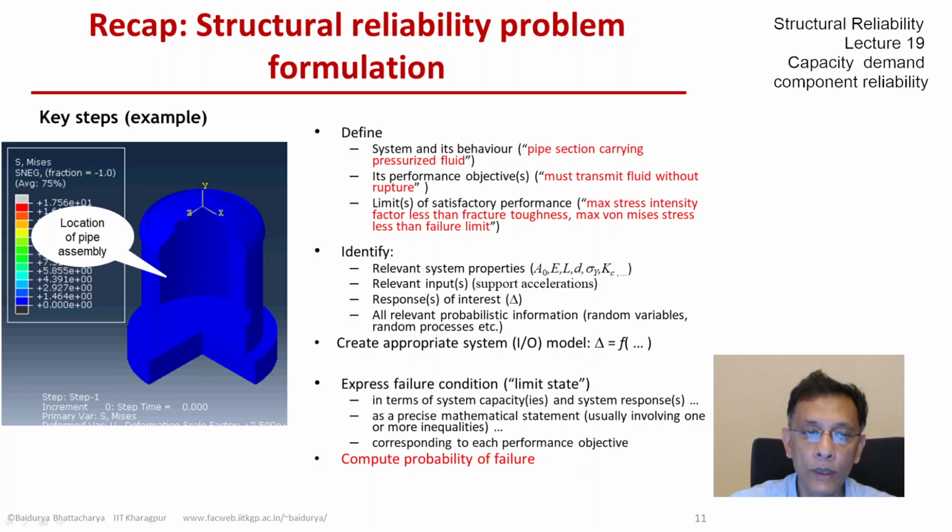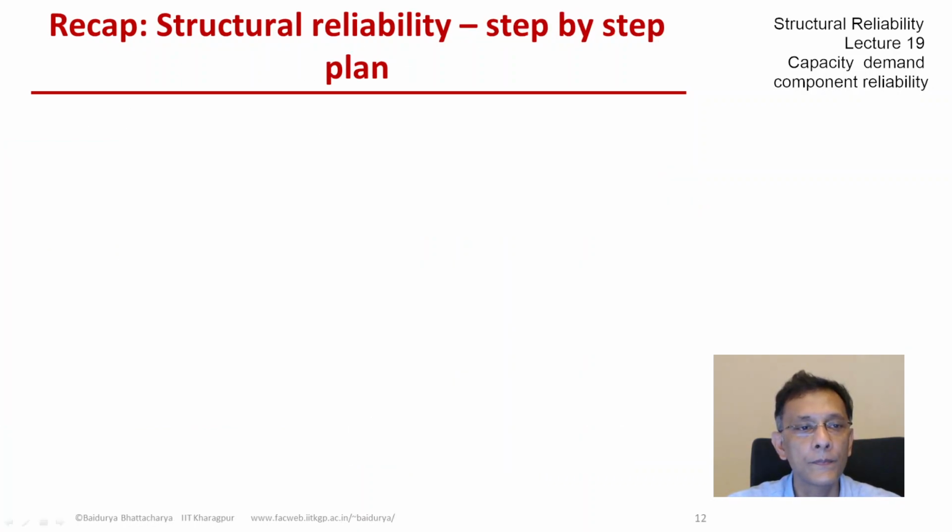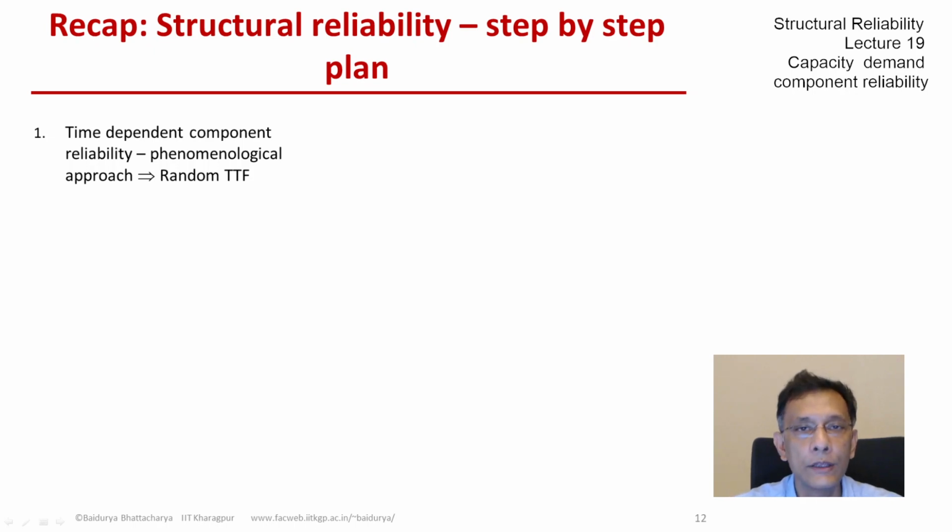Then, once I have all of that, I can compute the probability of failure, which of course is a demanding exercise, but that would be the next logical key step in the process. These are the 4 steps that we had discussed, how we are going to approach the formulation and the computation of reliability.